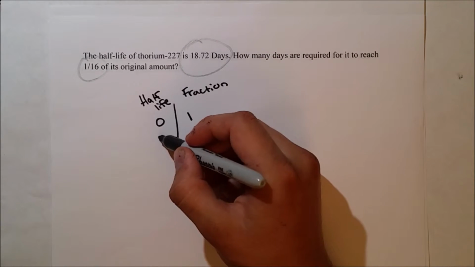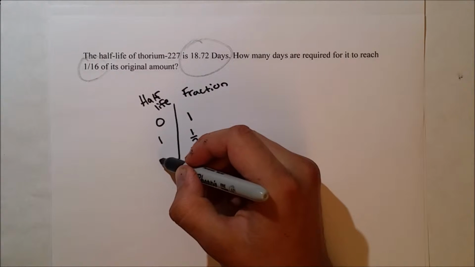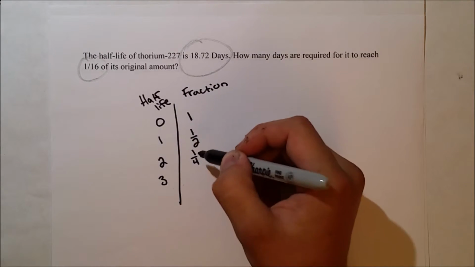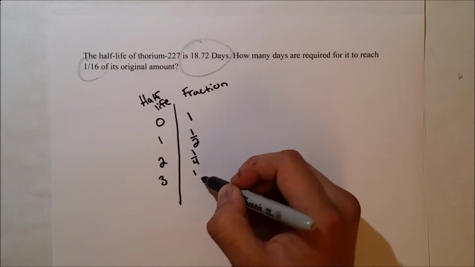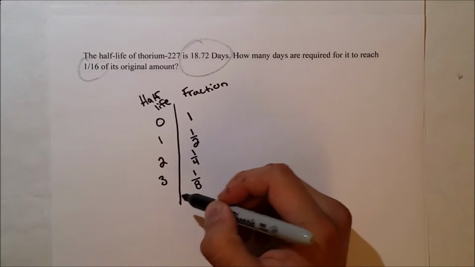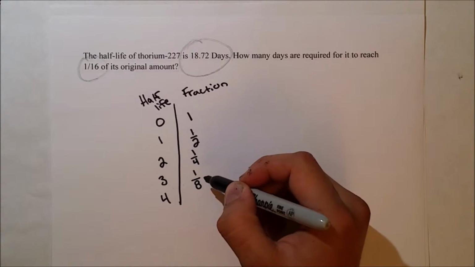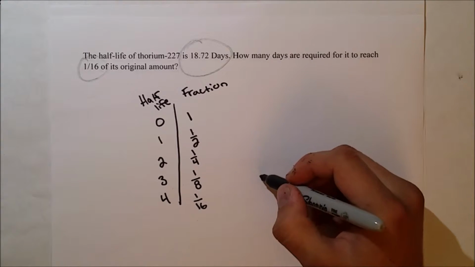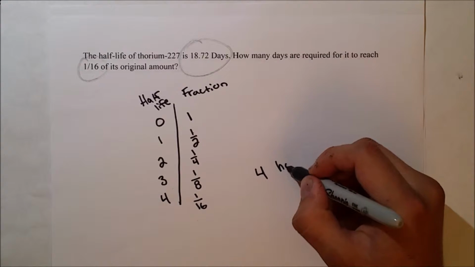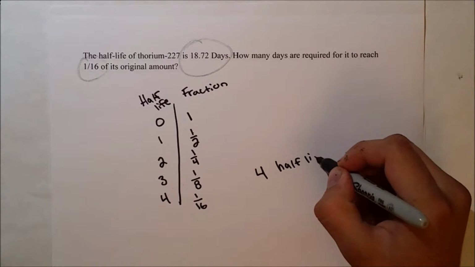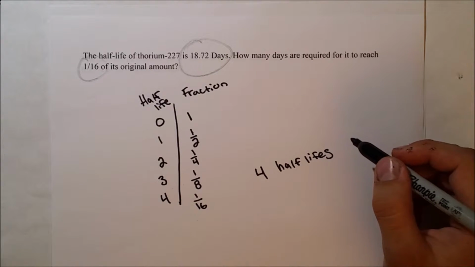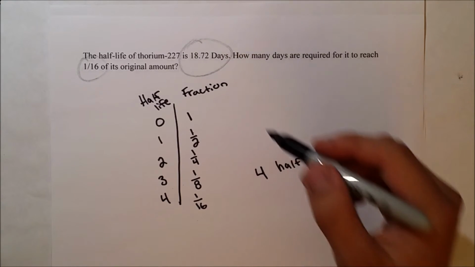We have 1. After 1 half-life, we have a half. After 2 half-lives, we have a quarter. After 3 half-lives, we have half of that, or an eighth. After 4 half-lives, we have half of an eighth, or 1/16 of the original amount. So it would take 4 half-lives. Then all we have to do is plug this back into our formula here.